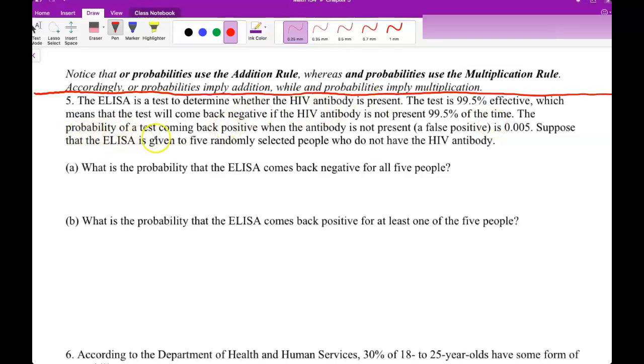The probability of a test coming back positive when the antibody is not present, a false positive, is 0.005. Suppose that the result is given to 5 randomly selected people who do not have the HIV antibody. Part A, what is the probability that ELISA comes back negative? So here it is negative for all 5 people.